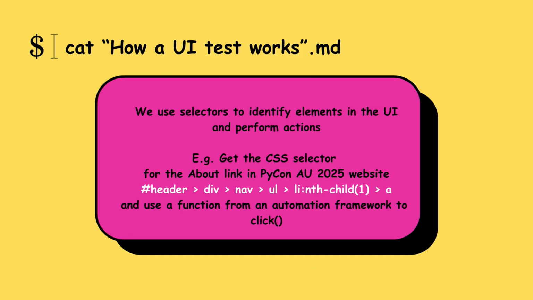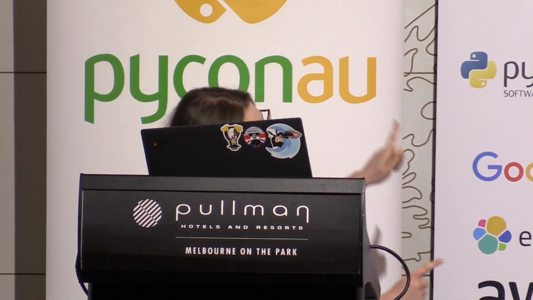Select the password input box, and fill that with the correct password. Click the login button, and then assert that the login functionality was successful. Or like the example in the slide shows, go to the PyCon Australia 2025 website and click the link identified by that huge CSS selector, which is the About link in that page.